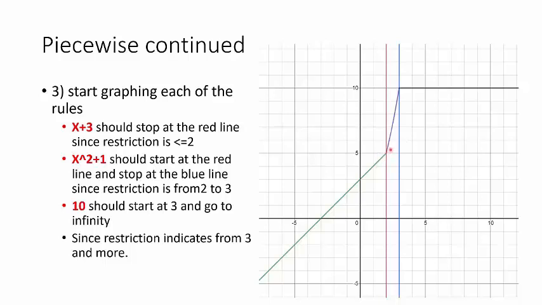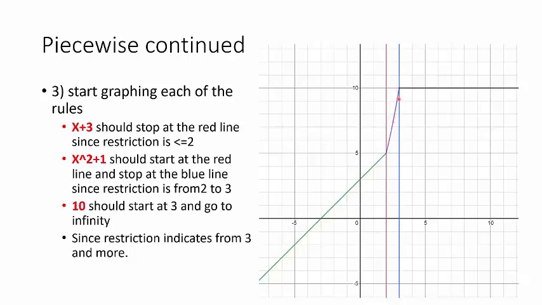Again, what you need to pay attention to is not only how to graph the different branches, but how to graph the points where we have the change between the branches. So here the points (2, 5) and (3, 10).